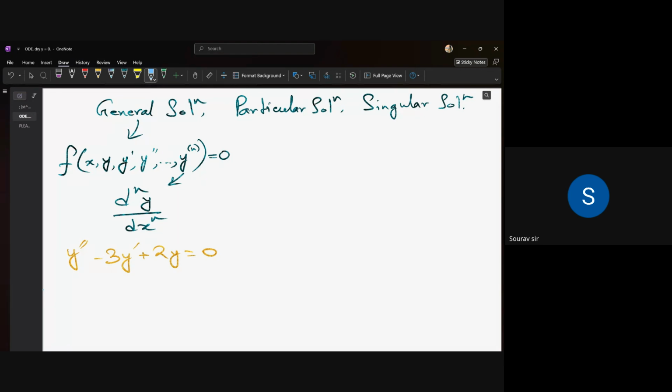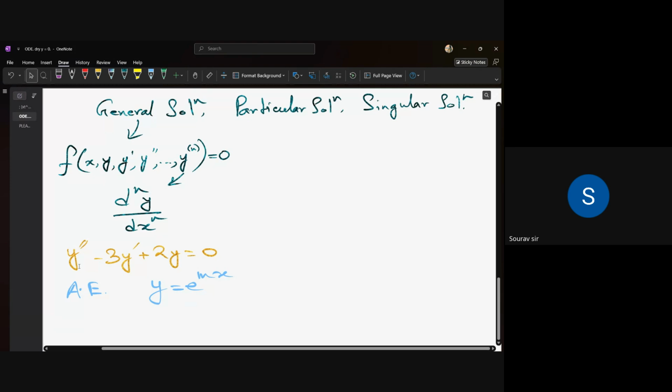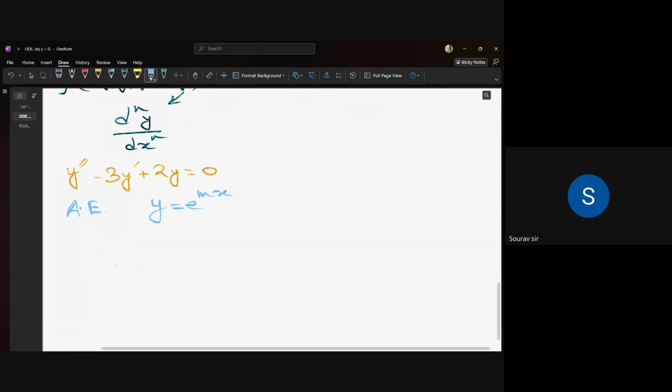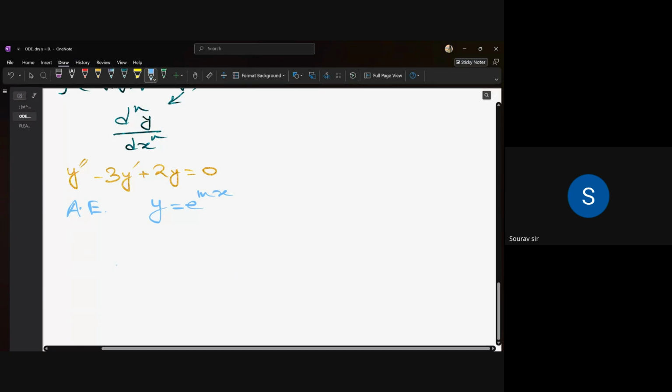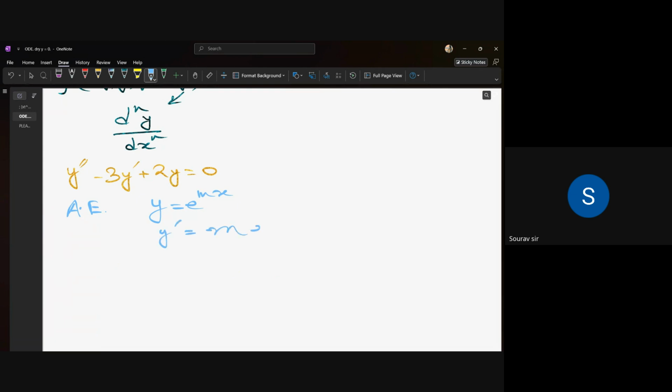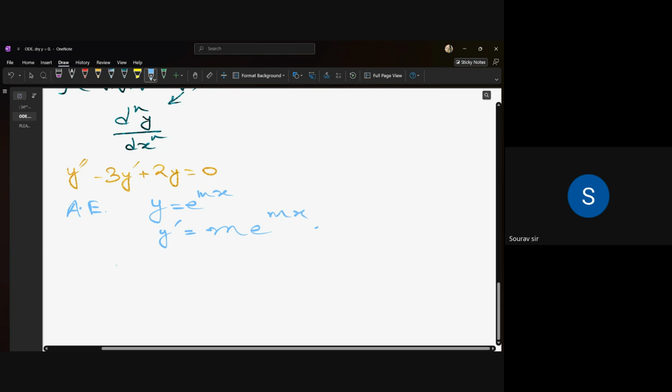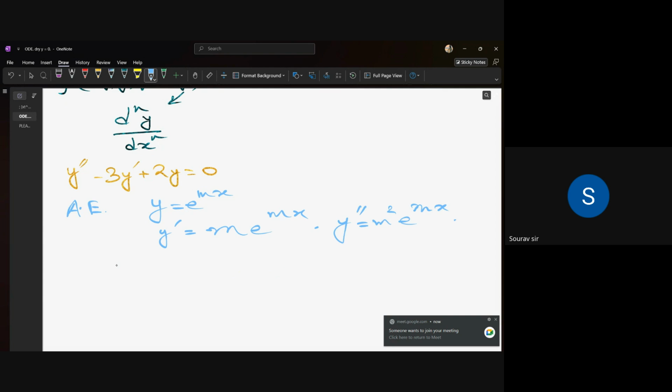So that will give us what? Then we are substituting y equals e to the power mx. Okay. So then what are we getting there? We know that y dash is equal to m e to the power mx, and y double dash is equal to m square e to the power mx. We know that.